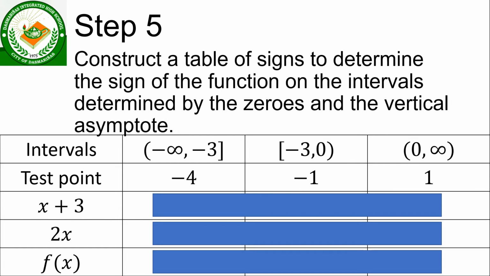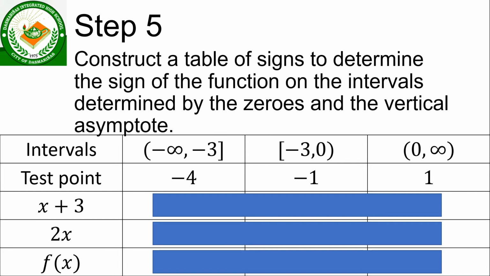So we have this interval from negative infinity to negative 3 inclusive, because negative 3, 0 is part of the solution. Since it is the x-intercept, the graph will pass through the x-intercept, so it is included.